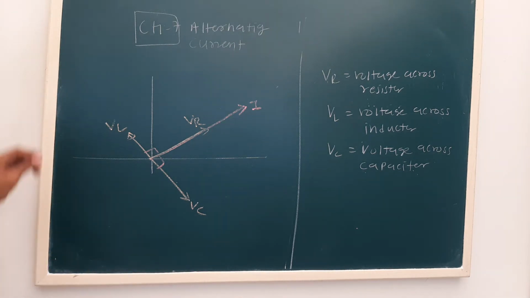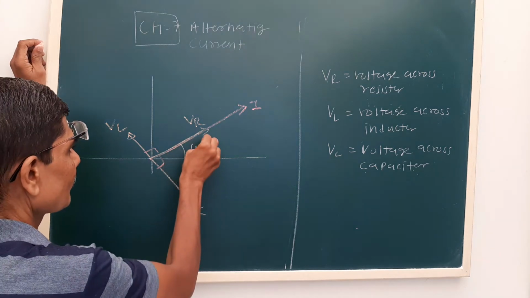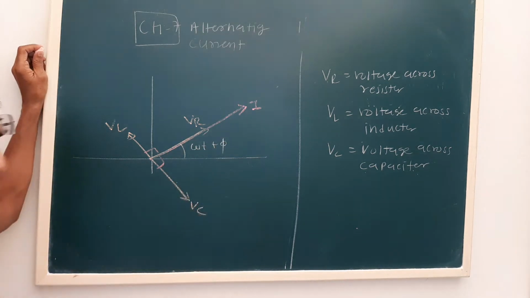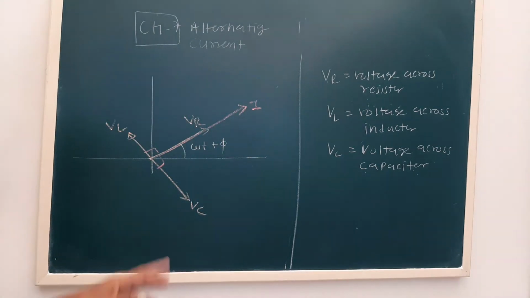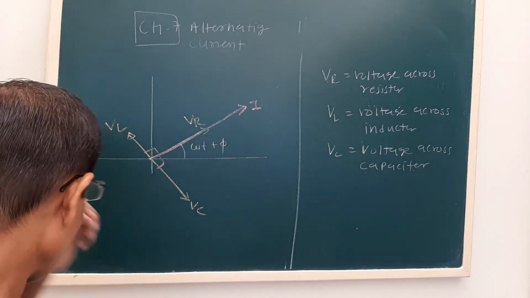Now let us say the angle phi is the phase difference of the total circuit. V equal to Vm sin omega t is the voltage supply.